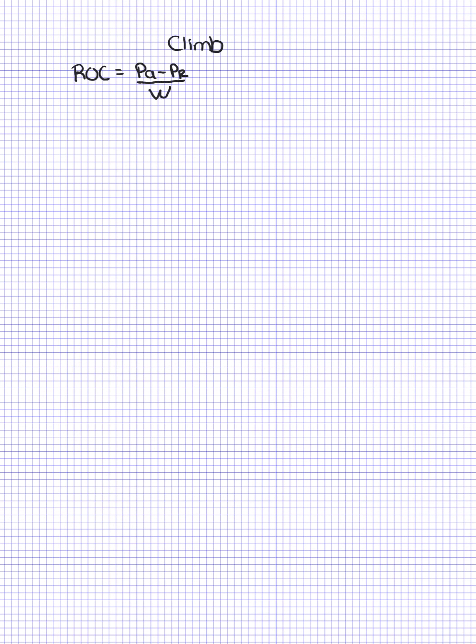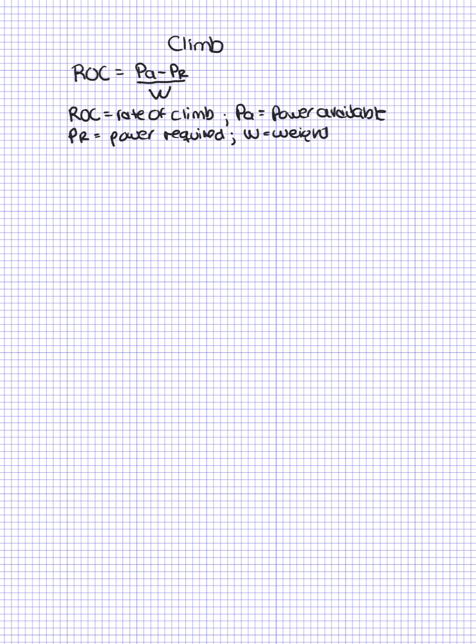And this is the generic equation where ROC is rate of climb, power available is PA, PR is power required, and W is weight.